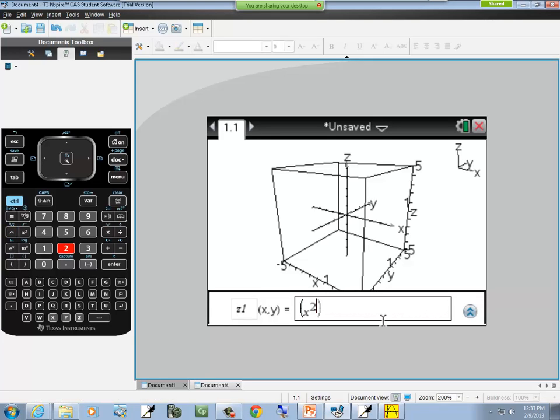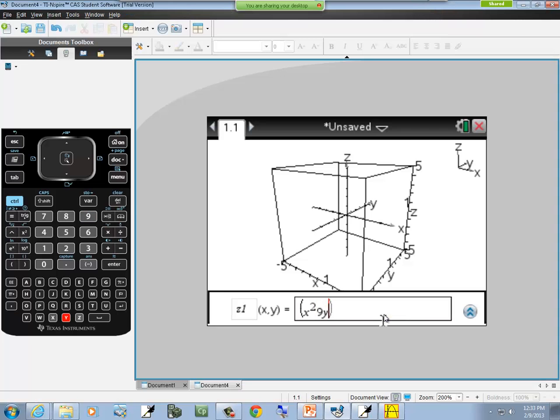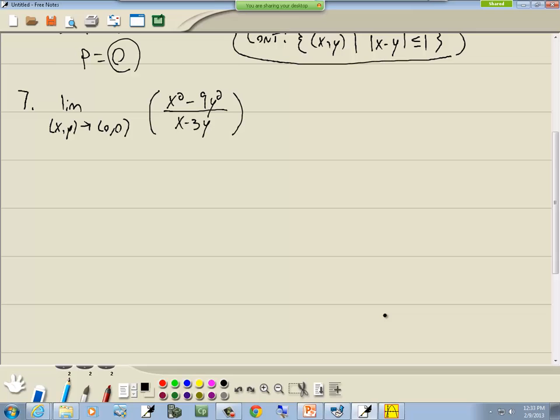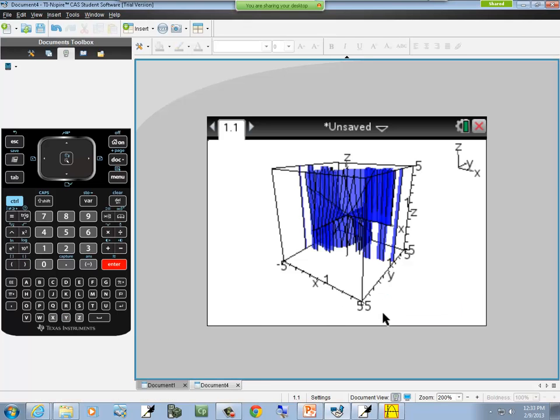So I do x caret 2 minus 9y caret 2. Right arrow to get out of that. Right arrow again to get out of the top parentheses. Divided by parentheses around the bottom, x minus 3y. And enter.